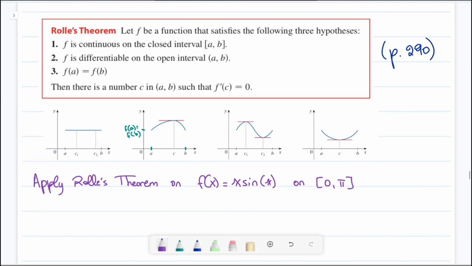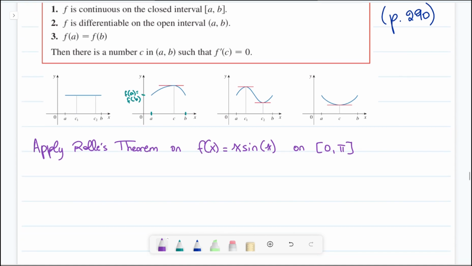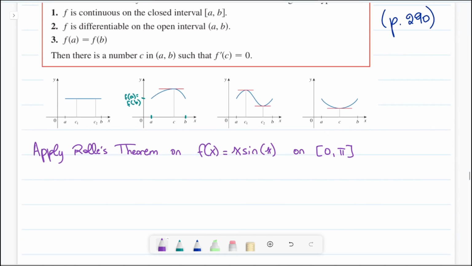So let's look at the conditions. Condition 1 is that f has to be continuous on the closed interval a to b. So we state that f of x is continuous on all the real numbers, so it is continuous on the closed interval from 0 to pi.